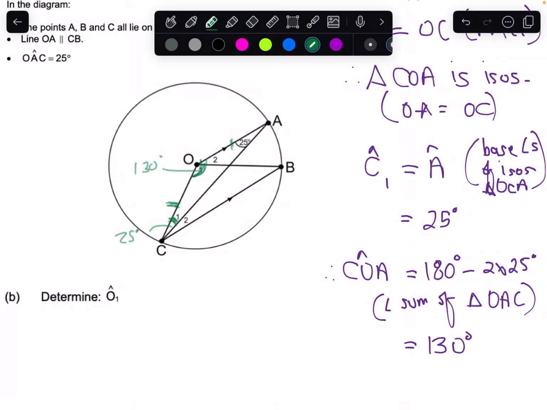Well, do we have any angle at center situations going on? Oh yes, we do. So I first looked at that angle at center, and does this chord subtend anything at the circumference?